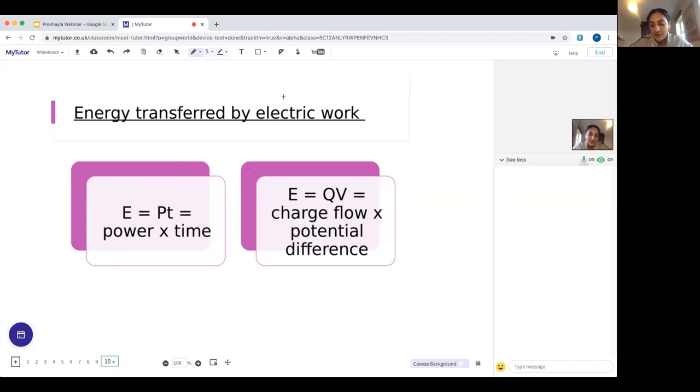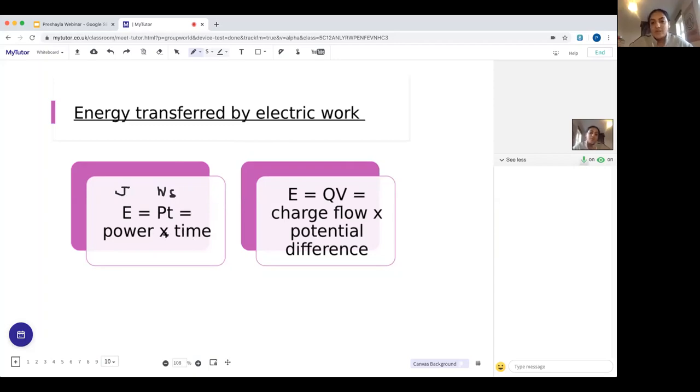So electric work energy. Now we have E equals PT, where energy is measured in joules, power is measured in watts, and time is always measured in seconds. We never measure time in anything else. Time is in seconds, so power times time for energy.